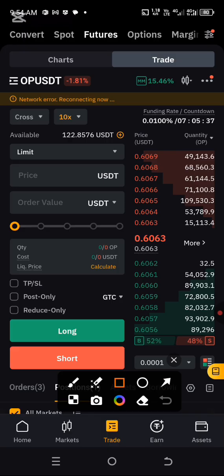Here you can see the available amounts you have to trade, and here you can switch from limit to market.